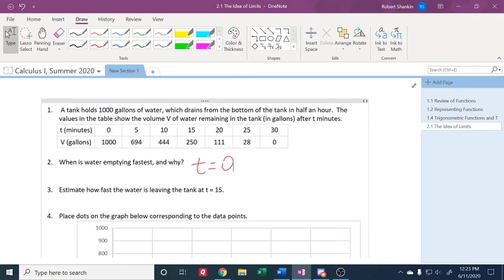All right, let me have you stop. Group 4, you have an estimate.